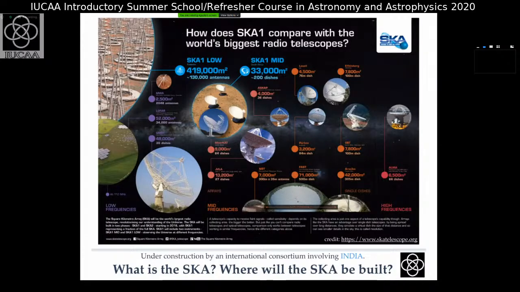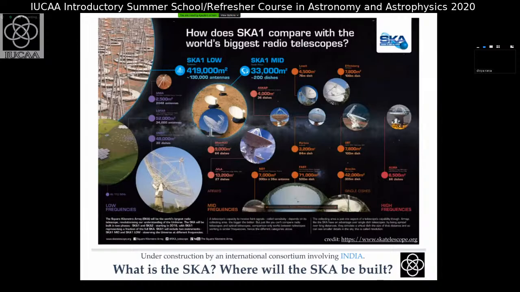And since this is going to be so huge and so complex, the community is building it in phases. So the first phase is called SKA1, which will have 10% of the sensitivity of the full SKA. And when this is completed, we would have understood the complications that come at different stages of the telescope, and those can then be dealt with as we scale up and try to build the full array, right?